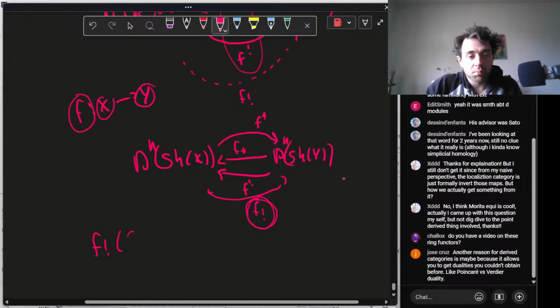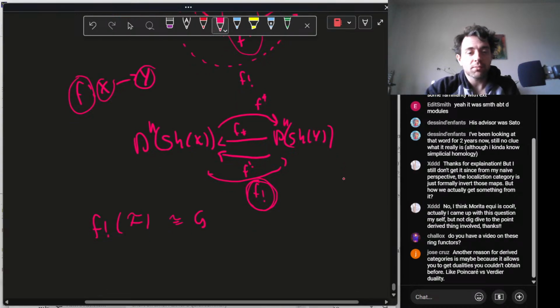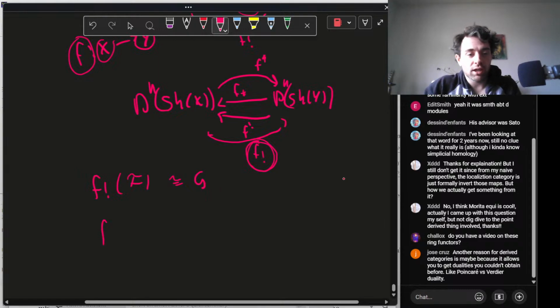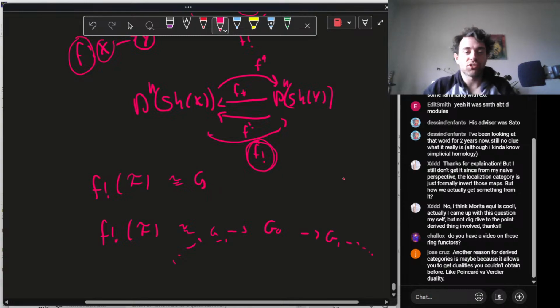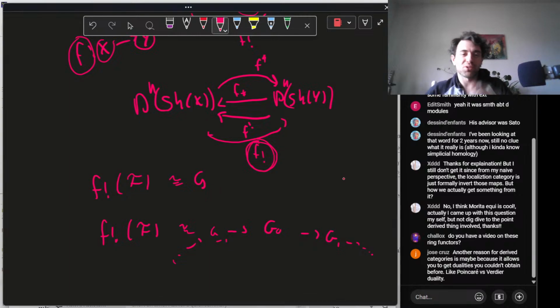And sometimes you can apply F shriek to a sheaf and get out a sheaf, but sometimes you apply F lower shriek to F, and you end up getting out a complex of sheaves, right? And so you're just naturally forced into a world of complexes of sheaves instead.